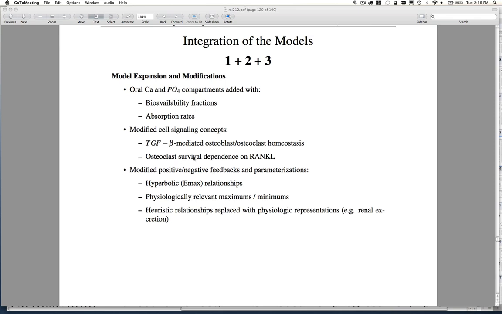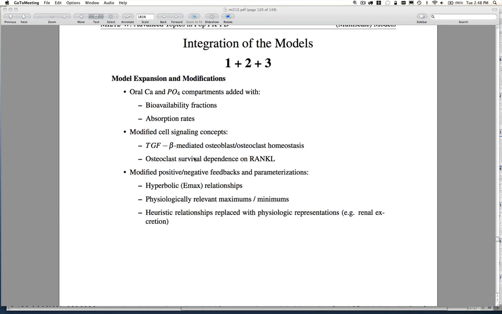The original calcium homeostasis model that was developed by Raposo et al. used a lot of, I'll say, engineering mathematics, where they use things like hyperbolic tangent functions that provide a lot of the same sort of functional responses that we may see from our hyperbolic Emax type relationships.